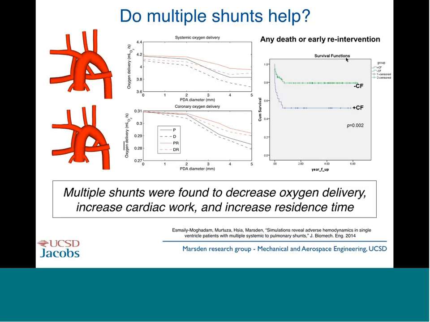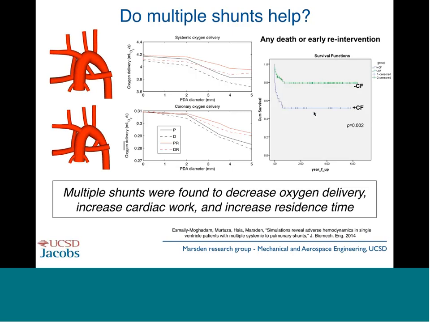And we worked with clinicians, so Tanyan Shah at Great Ormond Street Hospital, who performed a clinical study retrospectively evaluating patients with and without this competitive flow. And so we found that the patients without the competitive flow had a much better survival curve than those with multiple shunts.